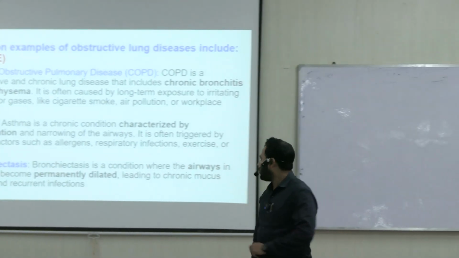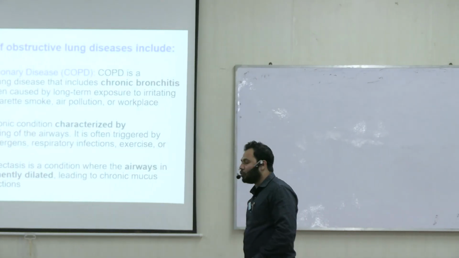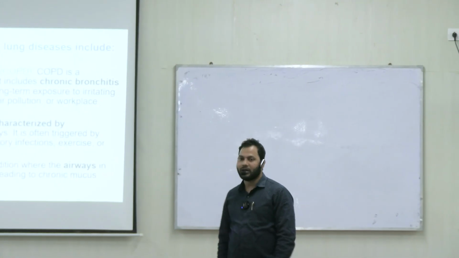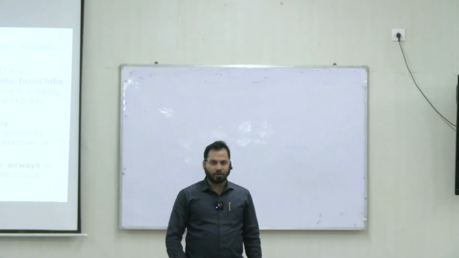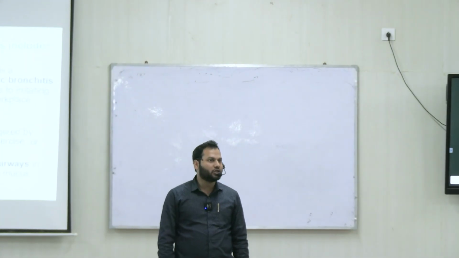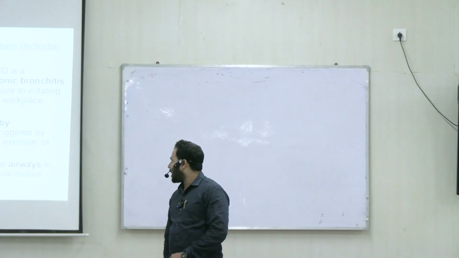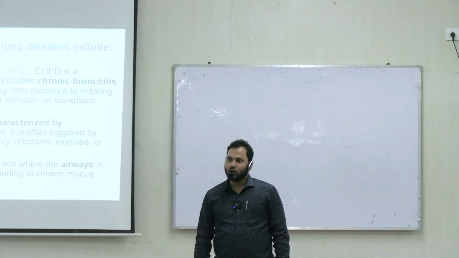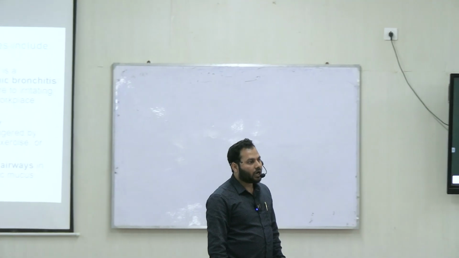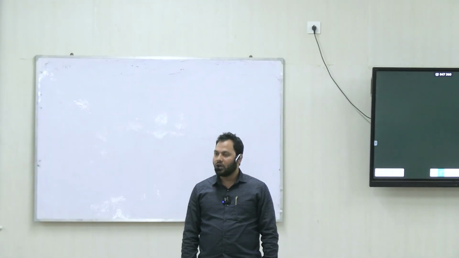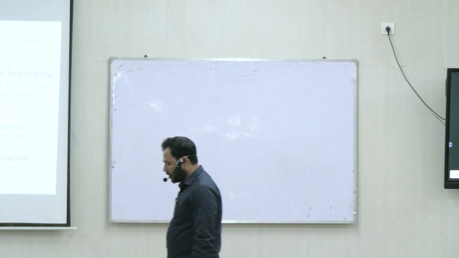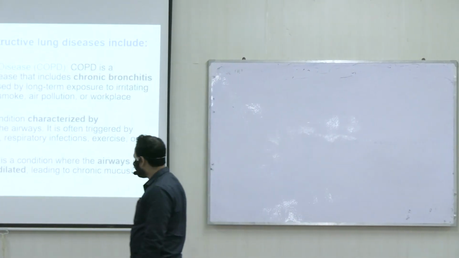Out of 5, only 2, chronic bronchitis and emphysema, compose the COPD. So there are other 3 disorders which are also due to obstructions in the air passage, which is also due to limitations of airflow during exhalation.